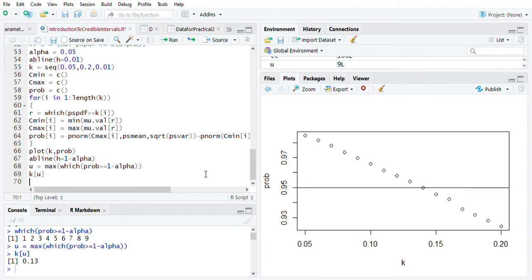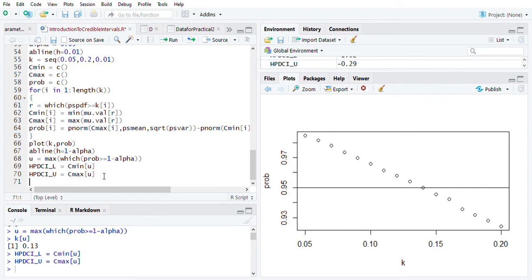Ninth value of k will be the largest value of k which satisfies the condition, and so the corresponding interval will be the optimal interval. Means the ninth interval will be the optimal interval. So the HPDCI, HPD means highest posterior density credible interval, lower limit will be Cmin with u, ninth value, and HPDCI's upper limit will be Cmax with u value.